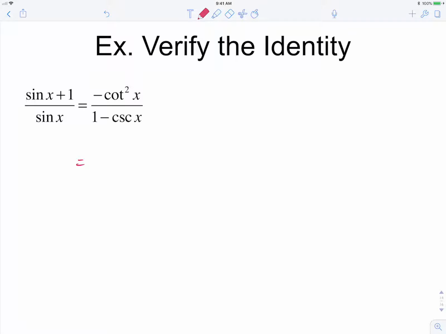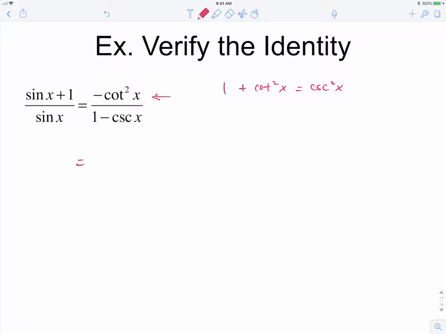We do have the option of changing everything to be in terms of sine and cosine. But I like to use those Pythagorean identities. So remember that 1 plus cotangent squared is equal to cosecant squared.